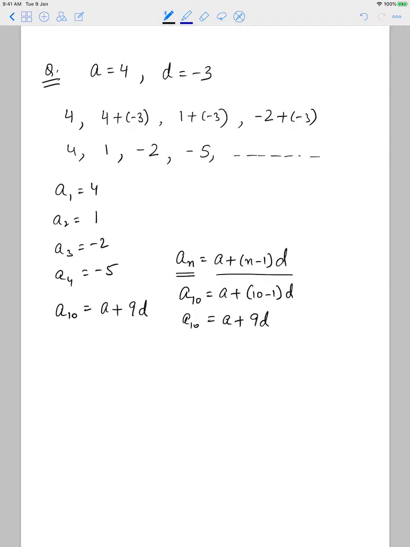What is A here? 4, and D is minus 3, so 9 into minus 3. 4 minus 27 will give you minus 23.